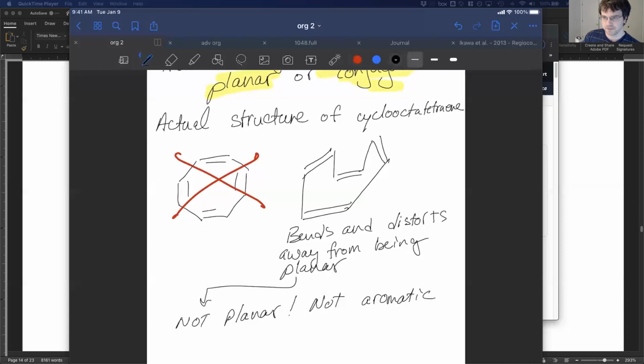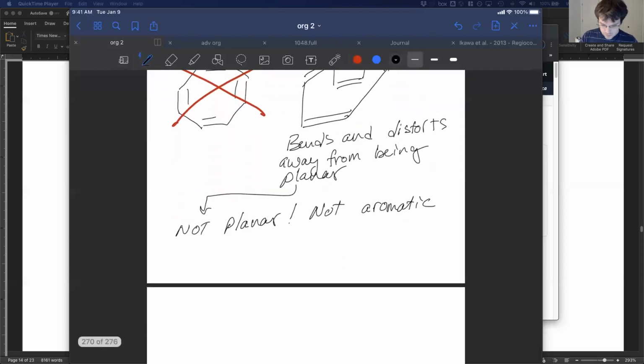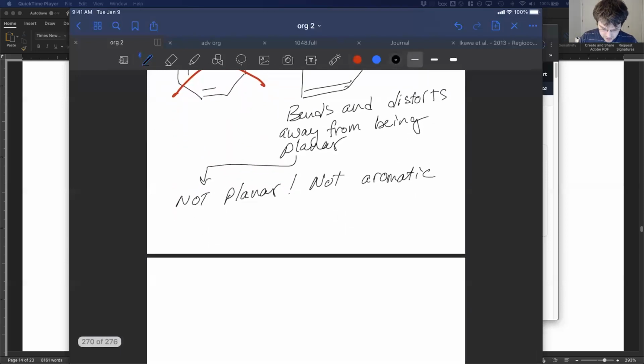More on that later. But what really comes to bear here is the fact that being planar is closely related to being conjugated. It turns out that being planar is required for being conjugated.